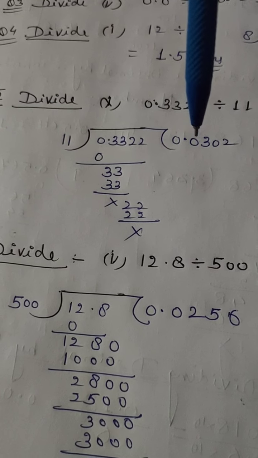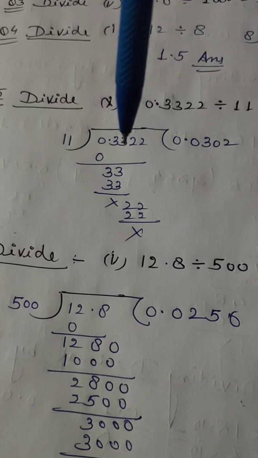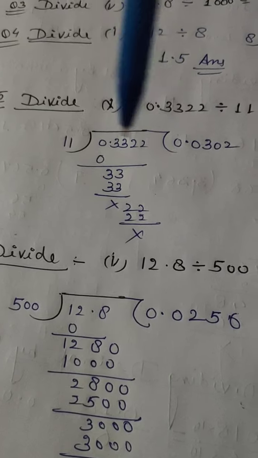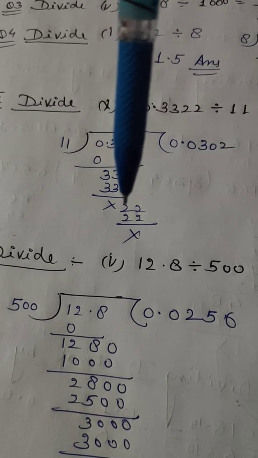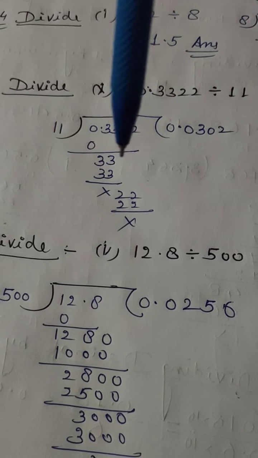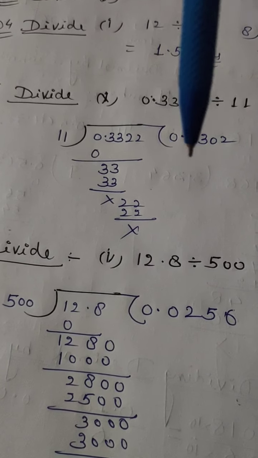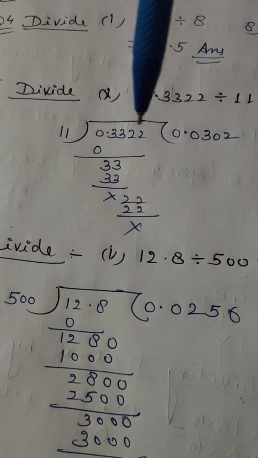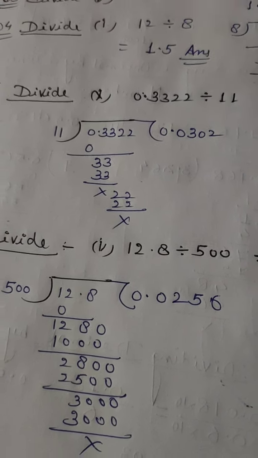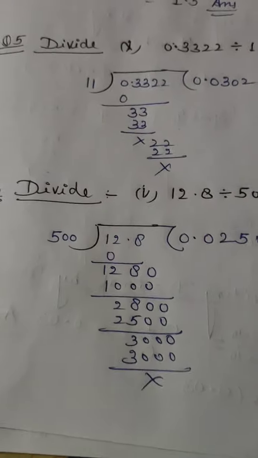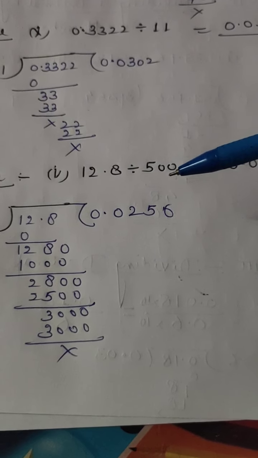Then I have put 0 over here, then I have again taken out 3. 11 3s are 33, it will cancel out. Then I have taken 2 as the carry part, then it cannot be divided by 11. Then I have again taken 2, it will give 0.0302 as the answer. Similarly 12.8 is divided by 500.